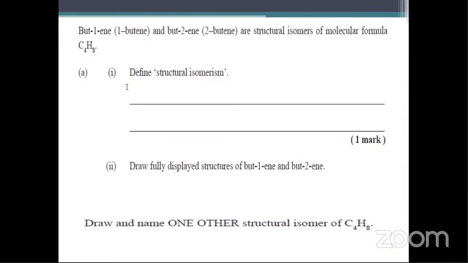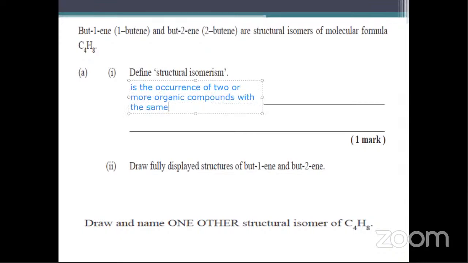Structural isomerism is the occurrence of 2 or more organic compounds with the same molecular formula but different structural formula.